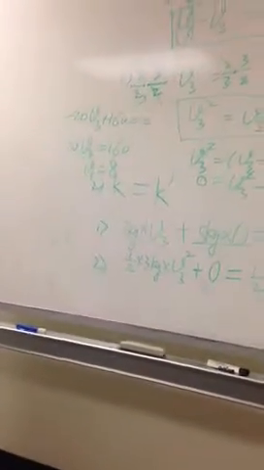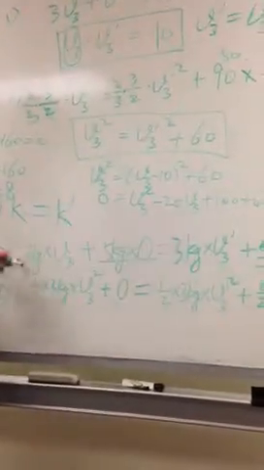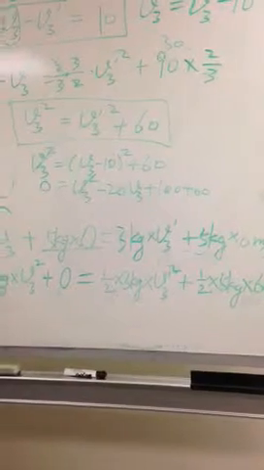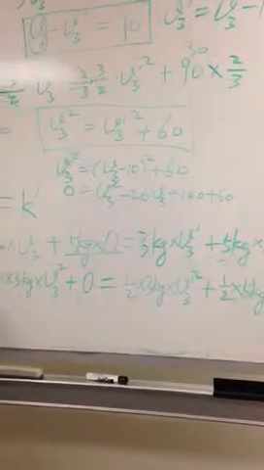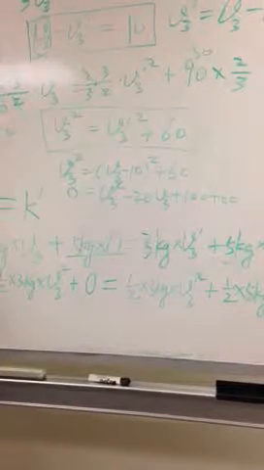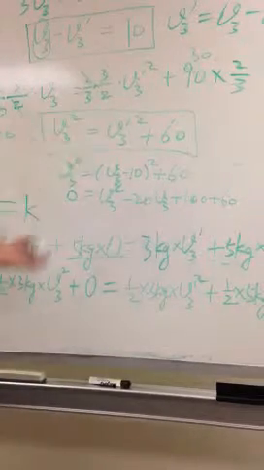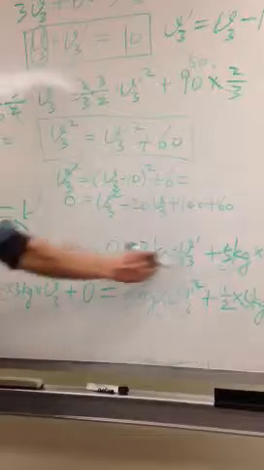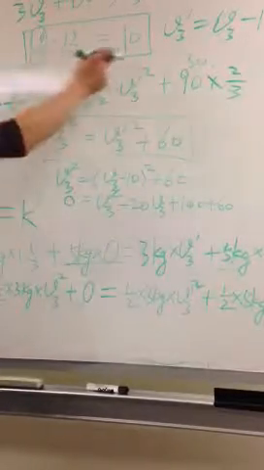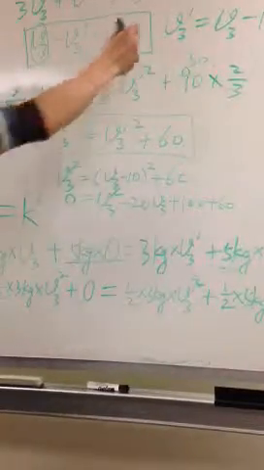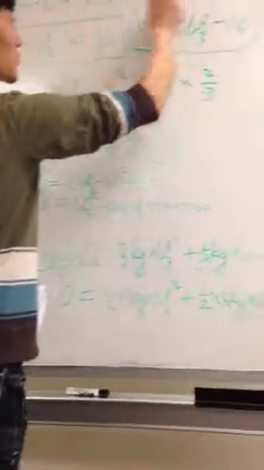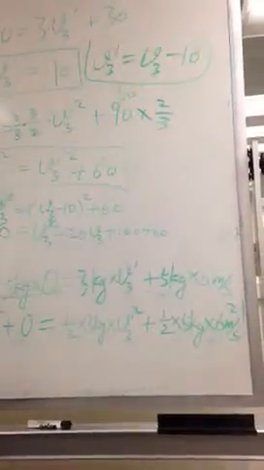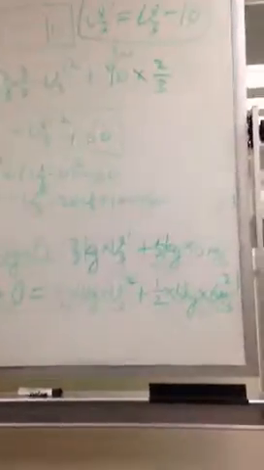So you understand here how we got it? One is the conservation of momentum, and two is the conservation of kinetic energy. And the rest is just algebra to solve the problem. From the first one, we got the relationship between the initial speed and the speed after the collision.